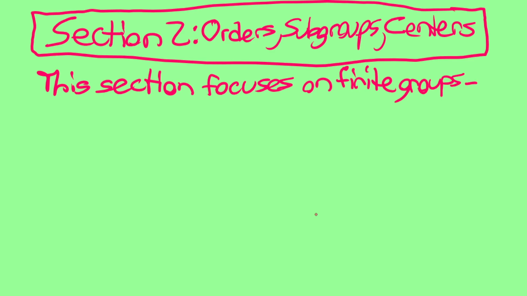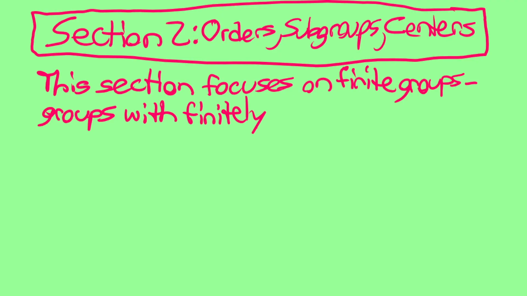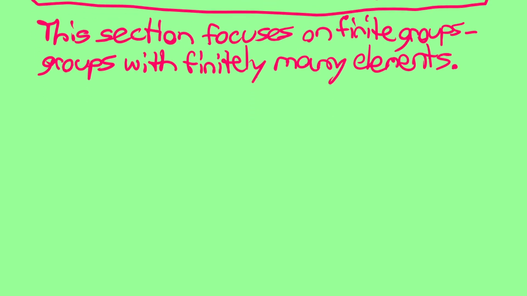And finite groups are groups with finitely many elements. All right, so first thing we will take a look at is orders.